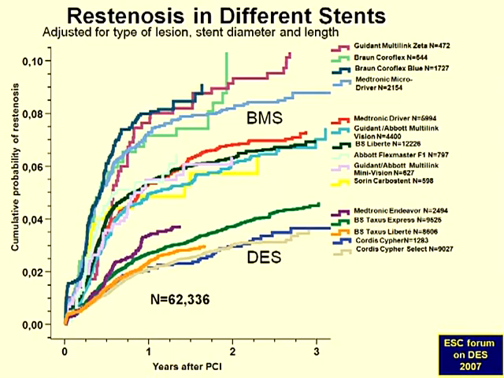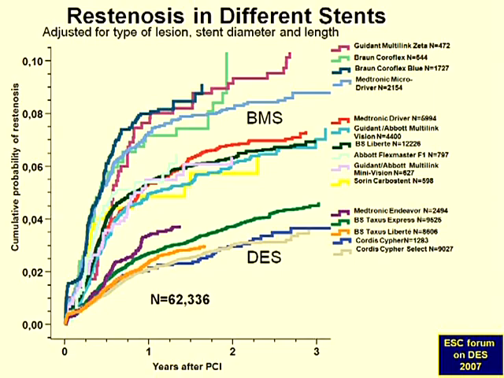Now, it doesn't matter to look now which brand we're talking about, but what's obvious is that there are 3 clusters here. The lowest restenosis rate is with drug-eluting stent, of course, but even for bare metal stents, there are huge differences in their propensity for restenosis, adjusting for lesion stent diameter and length. So not all devices are equal.